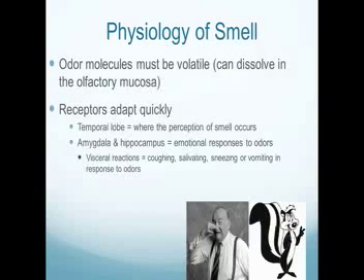We do have a variety of visceral reactions associated with smell, in some cases as a safety mechanism, such as coughing, salivating, sneezing, or vomiting in response to odors. I'm trying to come up with a good example here that's not really gross, but think about onions.